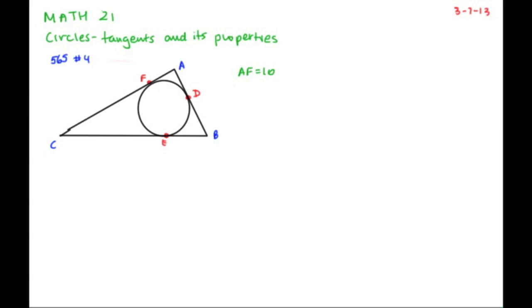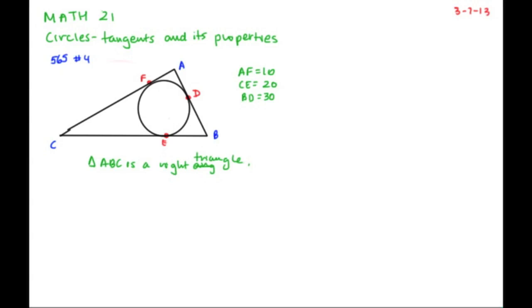They tell you that CE is 20, and they tell you that BD is 30. And they want you to prove that ABC is a right angle. Not a right angle, a right triangle.